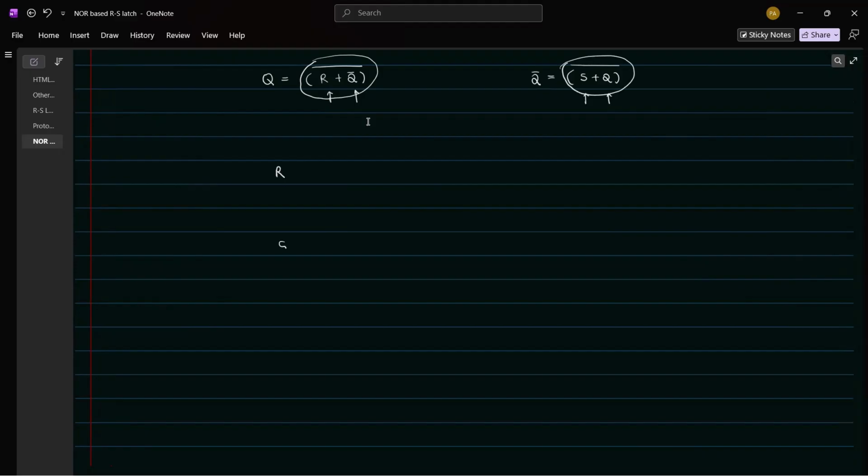R is there. S is there. We have to send R through a NOR gate first, so let me draw a beautiful NOR gate. R is related with Q, so here we will put the Q. And similarly, here we have S, and S is related with Q bar, so let's draw that also.